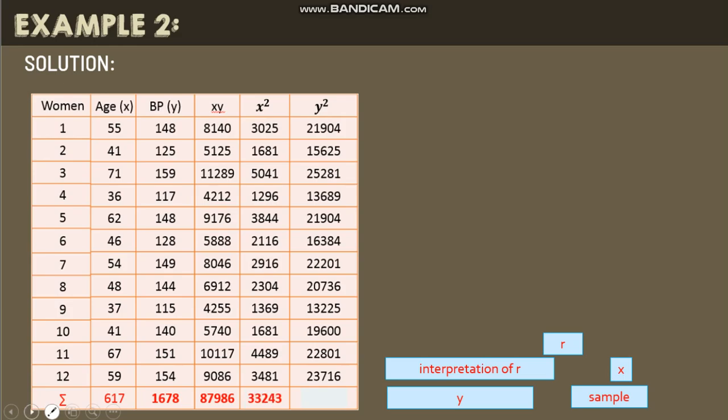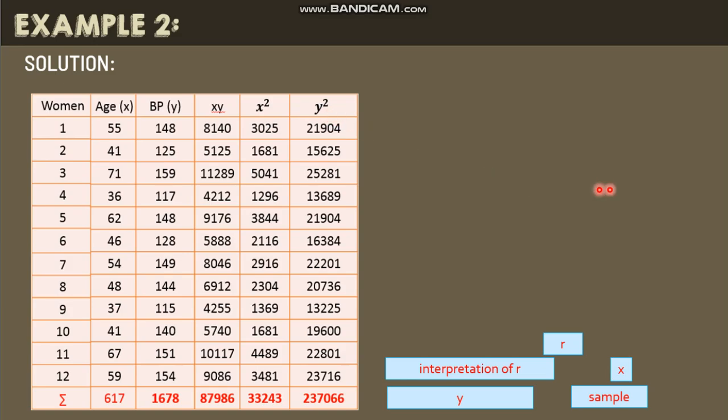Summation ng X squared is 33,243. And the summation of Y squared means 237,066. Okay, verify nyo lang po yan sa calc nyo para malaman nyo na tama yung answers natin. Once again, get the summation of X, Y, the product of XY, the squared of X, the squared of Y.